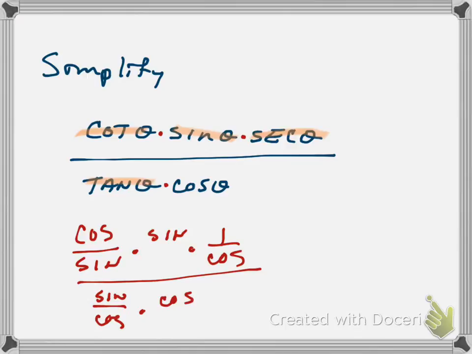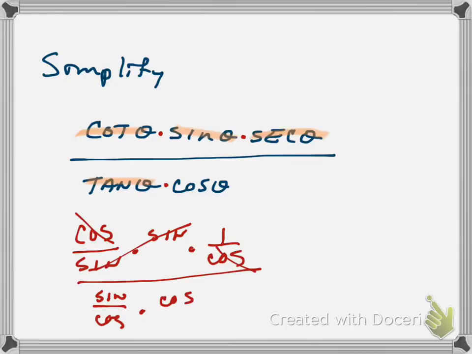Now, think about what I said about multiplying fractions. If you see something on the top and the bottom, it can be crossed out. So, what do I see here? I see that. I see that.